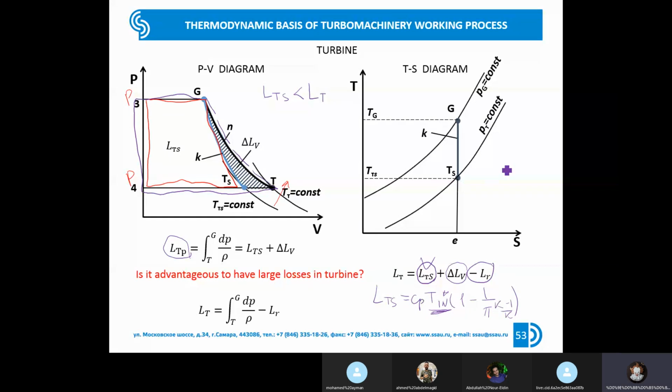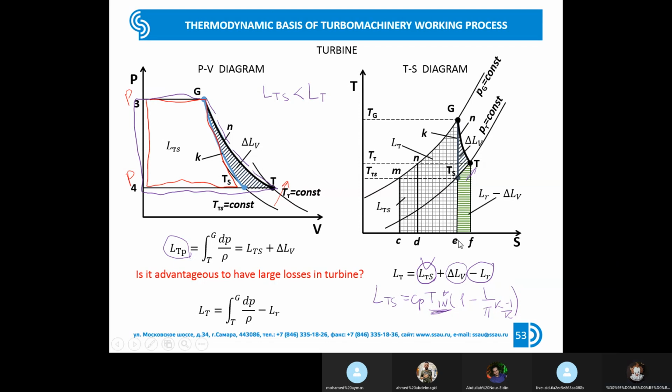This will be the specific work we spend to overcome loss. The same work which we supply like external heat, and you know that the area under the process line will be the supplied heat. Oh, sorry.